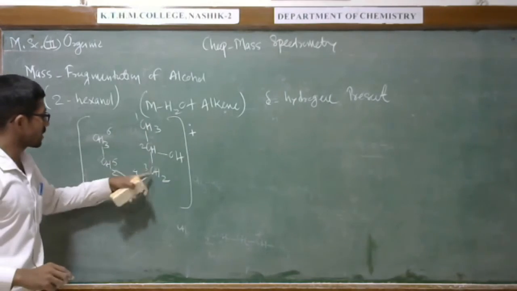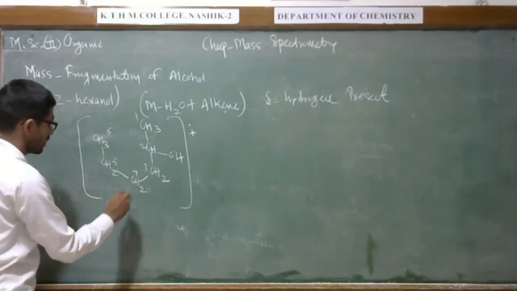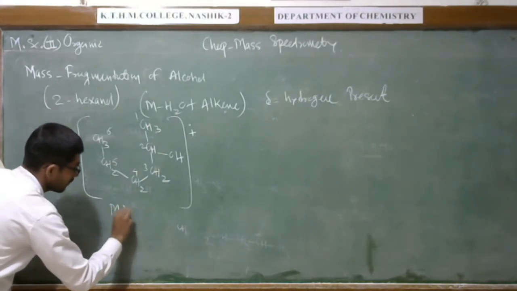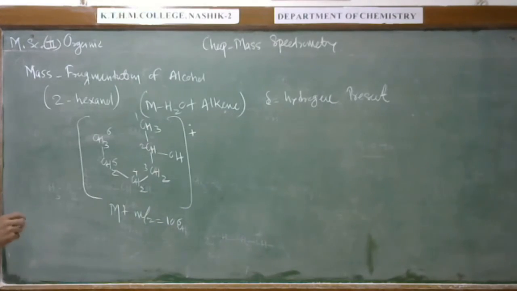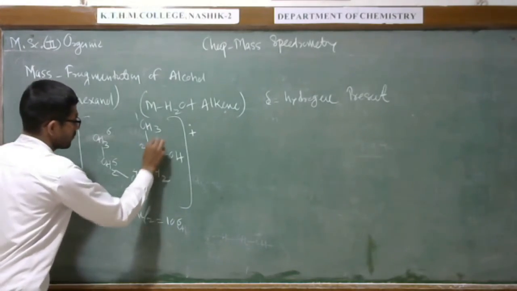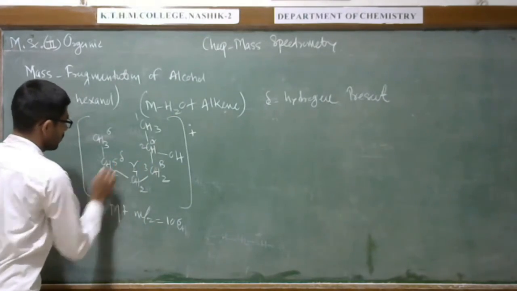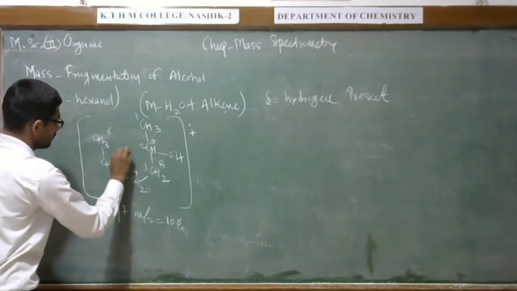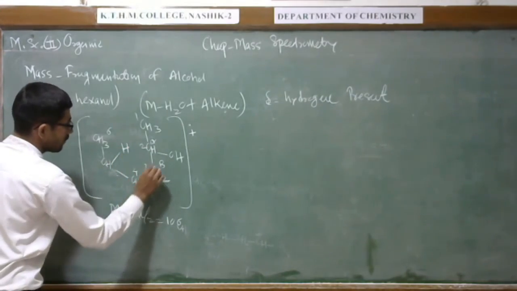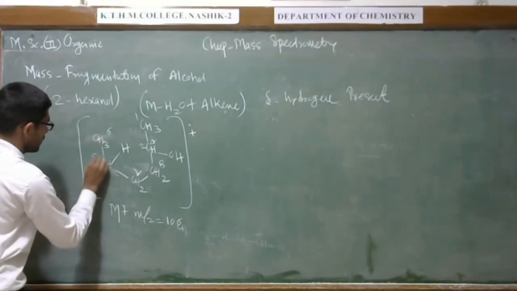For the molecular identification, like this here, the number of carbon is 6, and at the 2 position it will be 2-hexanol. So molecular identity we can show like this, at mass to charge ratio 106. Okay, so here alpha, beta, gamma and delta. You have to show the abstraction of this gamma hydrogen, so delta hydrogen, alpha, beta, gamma and delta.